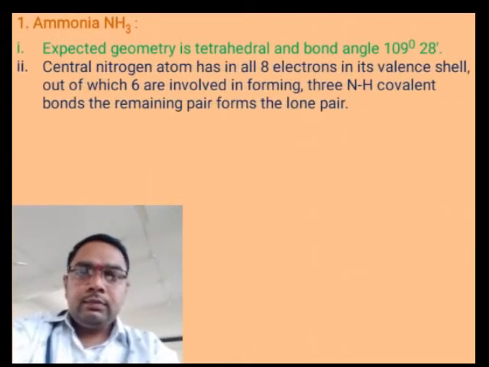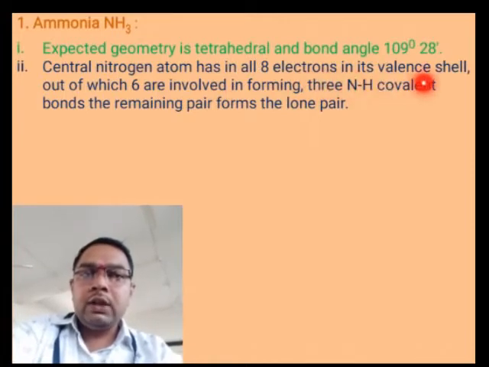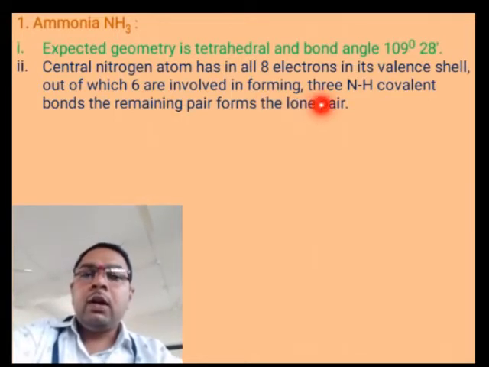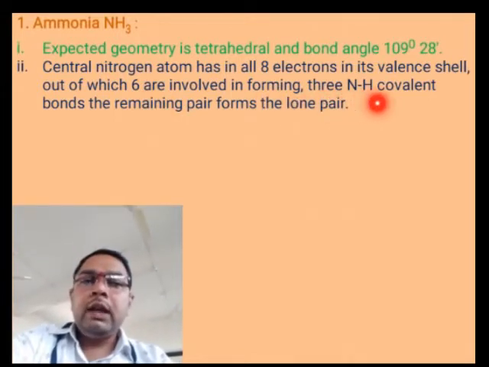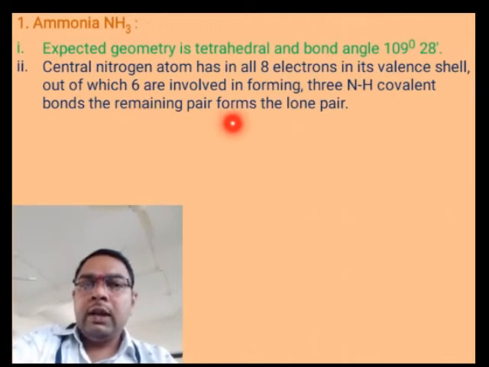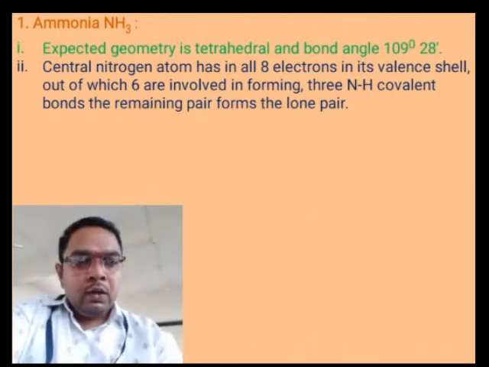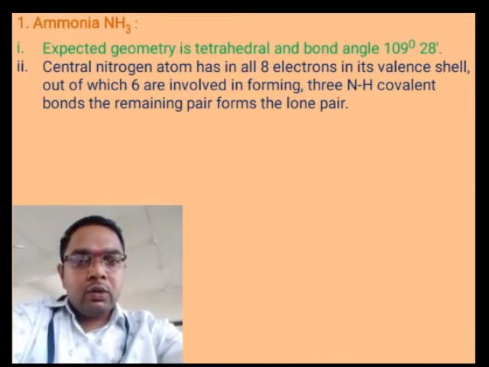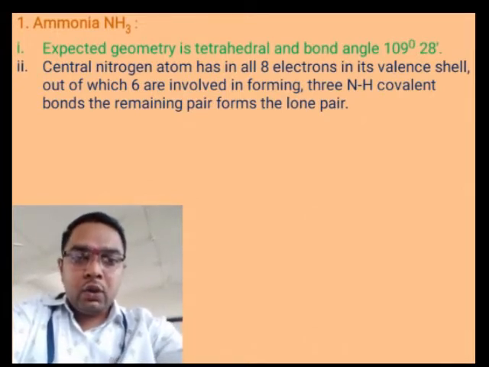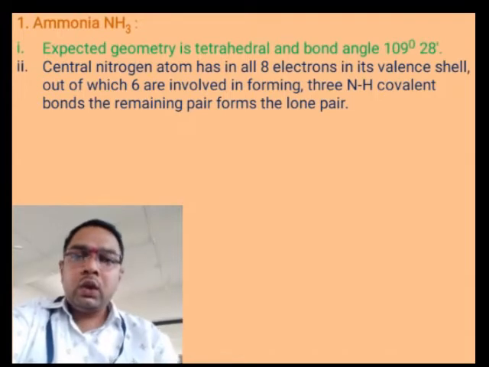Hence, the central nitrogen atom has all 8 electrons in its valence shell, out of which 6 are involved in forming the 3 N-H covalent bonds and the remaining pair forms a lone pair. Nitrogen has 5 electrons in its valence shell and 3 come from the 3 hydrogen atoms.